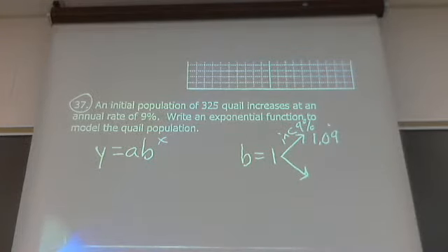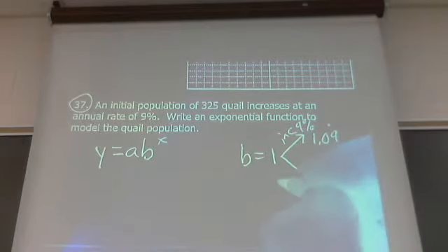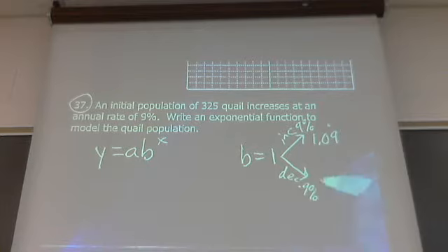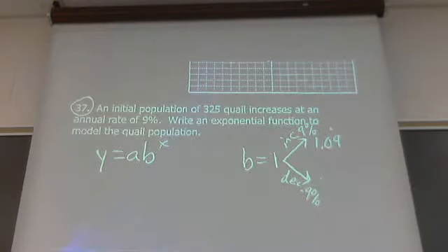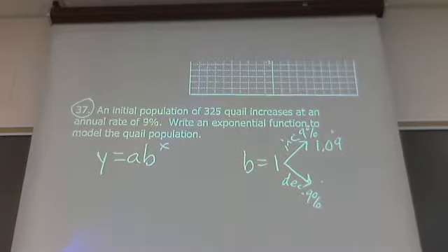If it were decreasing by 9%, it would not be a negative value. It's just whatever you want below 1. 0.09 is that's a 91% loss.